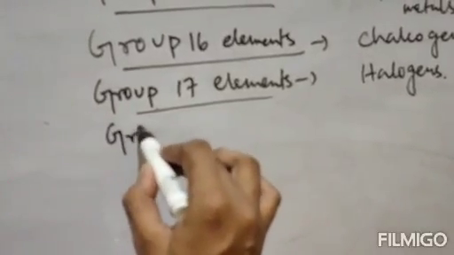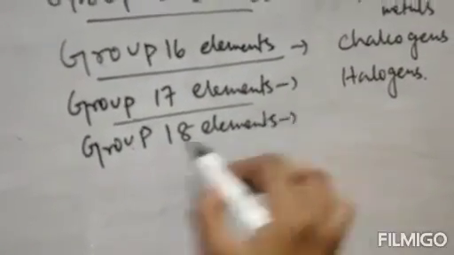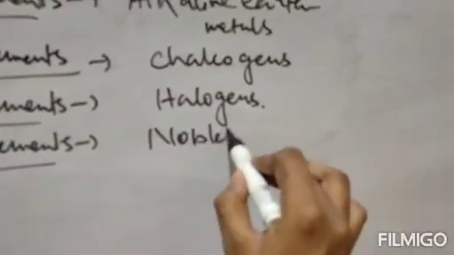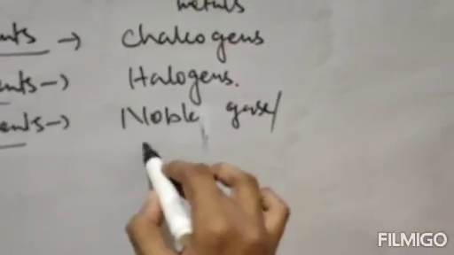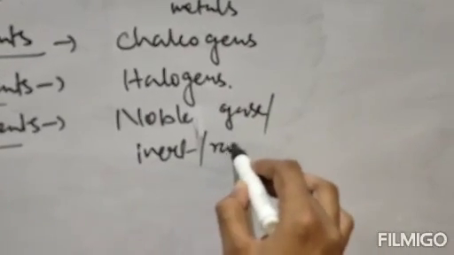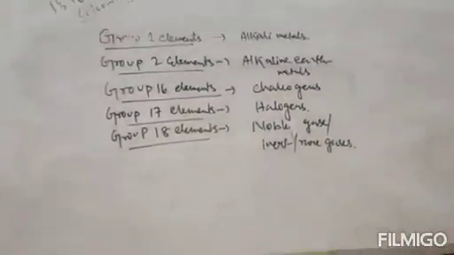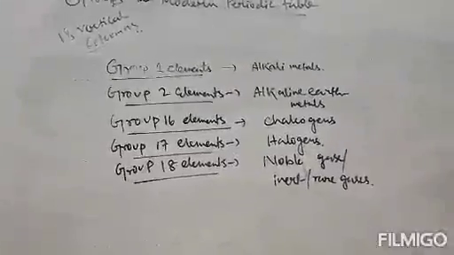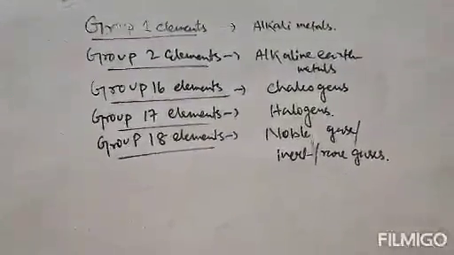Next, last, group 18 elements contain noble gases. They have 3 names: noble gases, inert gases, or rare gases. So these are some important groups: alkali metals, alkaline earth metals, chalcogens, halogens, and noble gases.